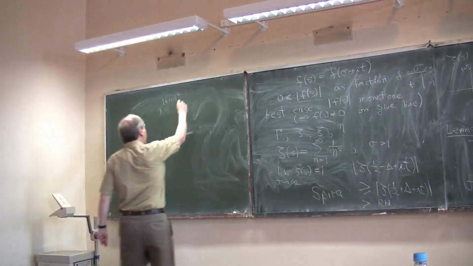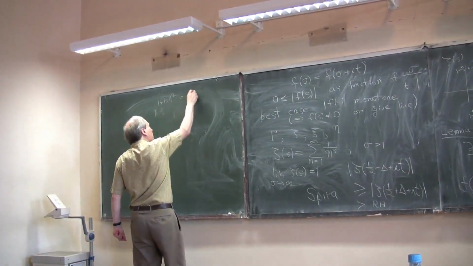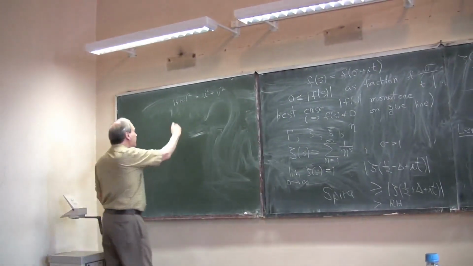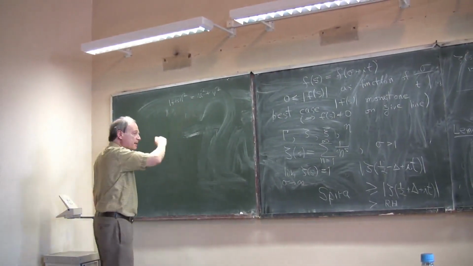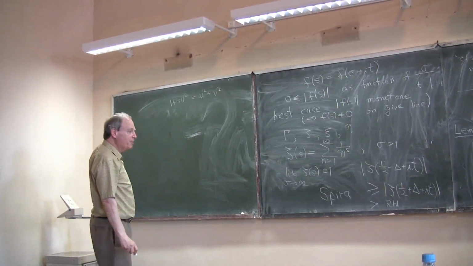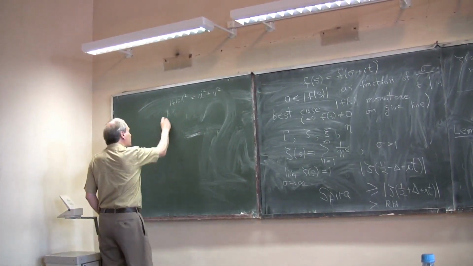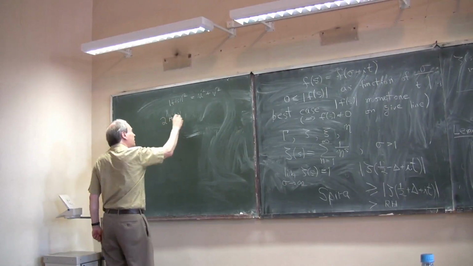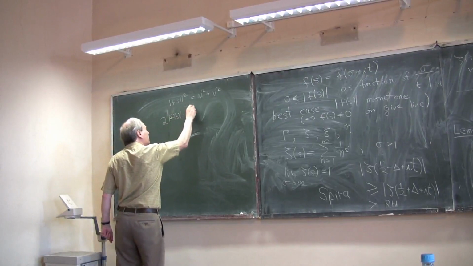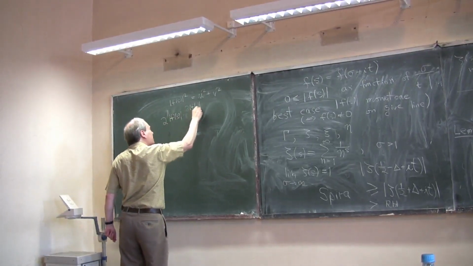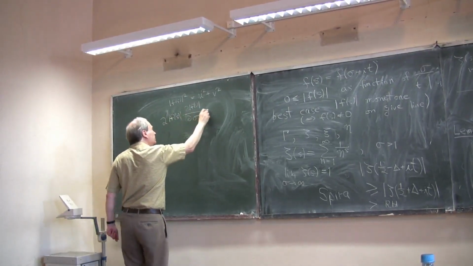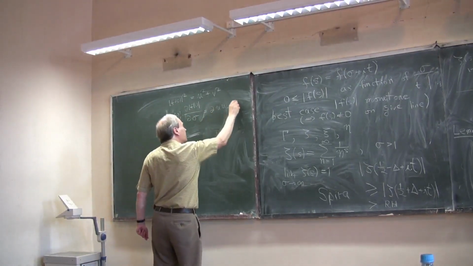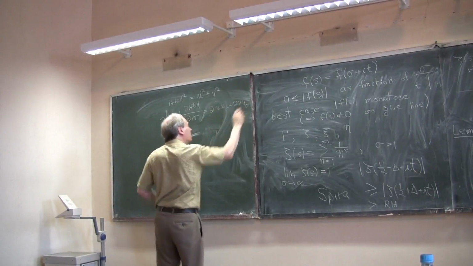So modulus f of s squared is simply equal to u squared plus v squared, and therefore differentiating this, taking the partial derivative with respect to sigma, I get twice modulus f of s times partial modulus f of s sigma equals 2u u sigma plus 2v v sigma.